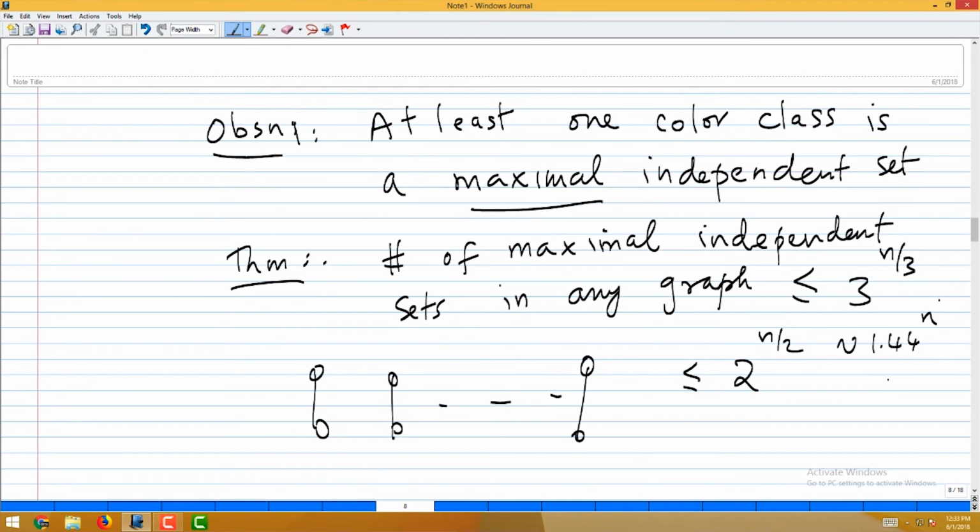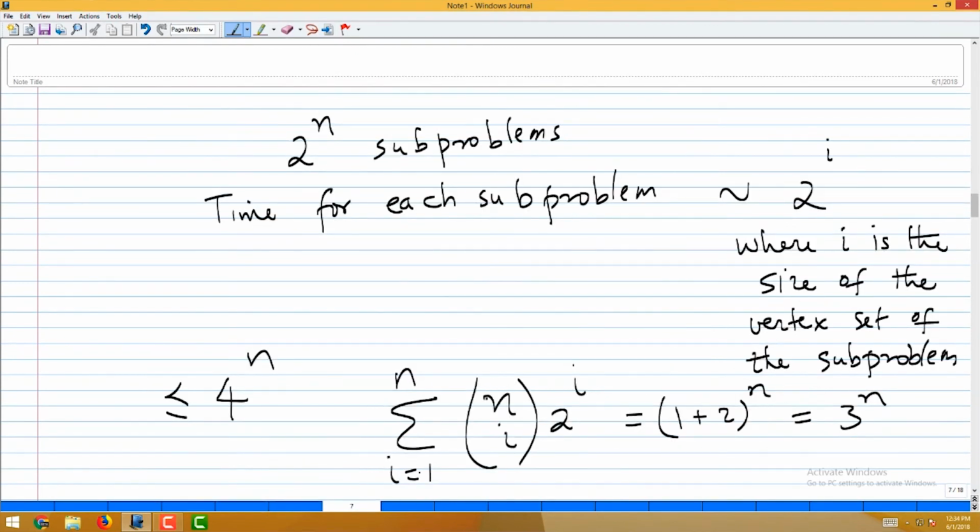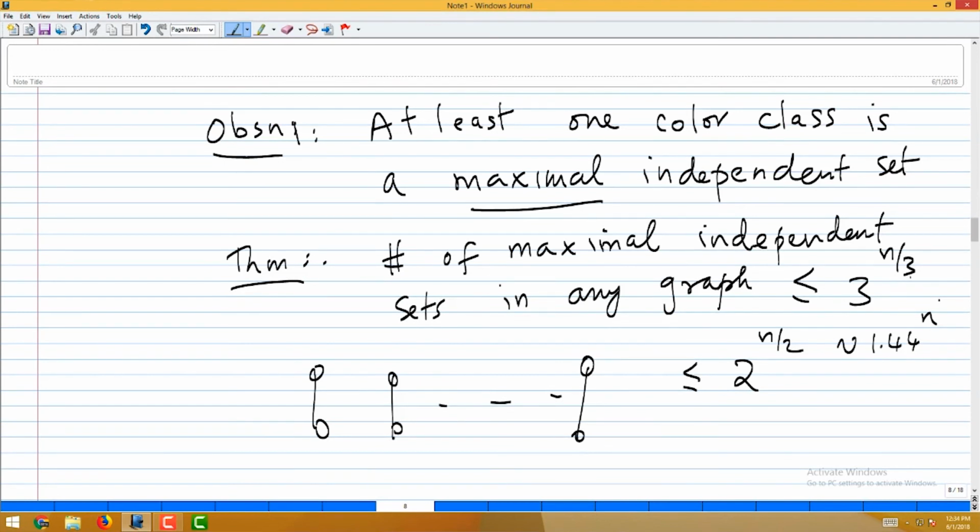Okay, so let us come back to how all of this improves my algorithm for coloring. We are only running over all possible maximal independent sets of that graph. So here this won't be 2 to the power i, this number is 3 to the power n by 3, the number of maximal independent sets you are running over.